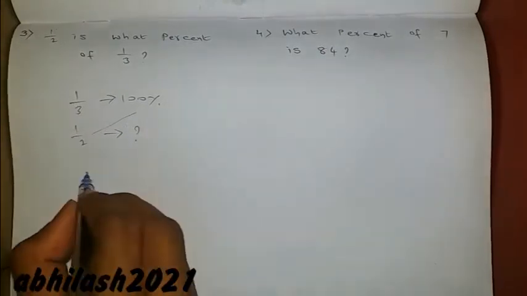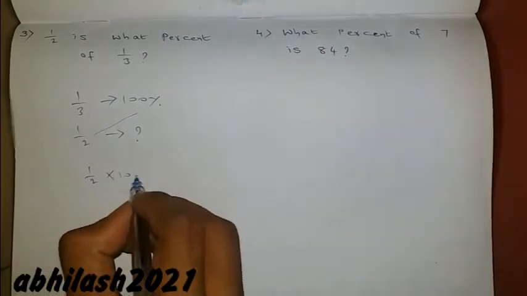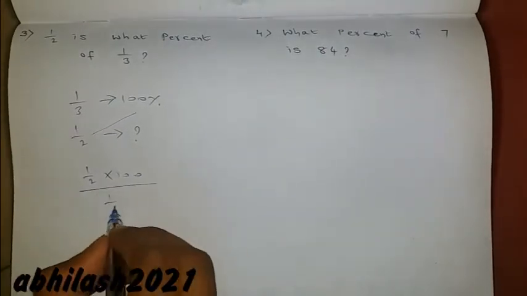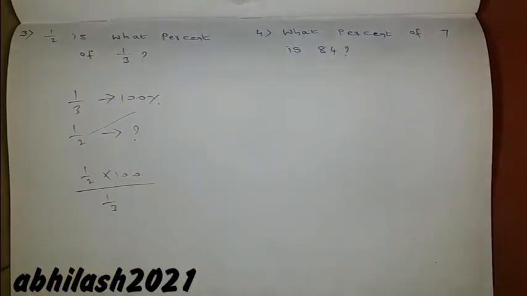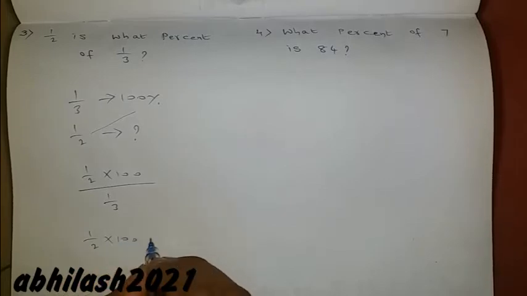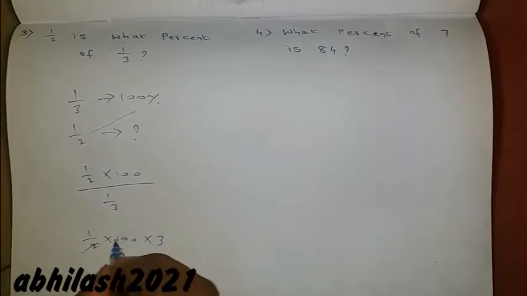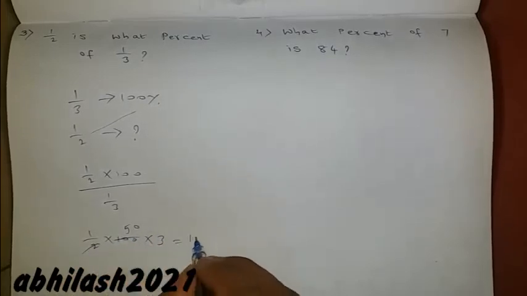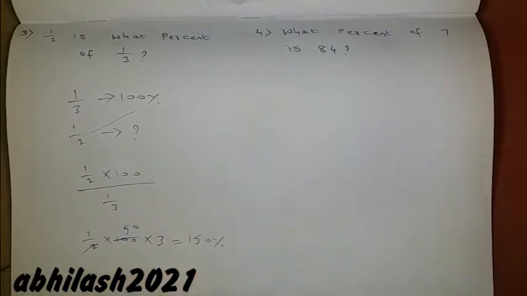Again same cross multiply, 1 by 2 into 100 divided by 1 by 3. So we will get 1 by 2 into 100 into 3. 2 ones are 2, 2 50s are 100, so it is nothing but 150 percentage.